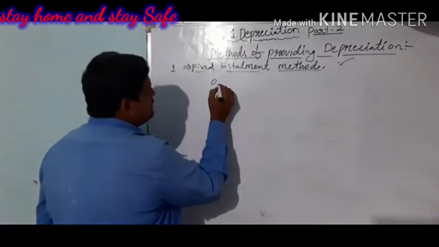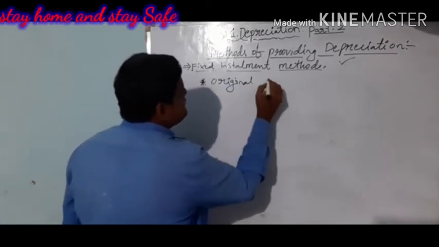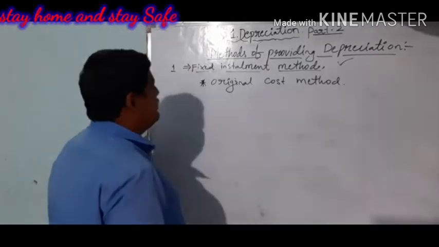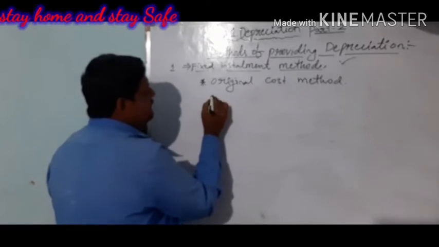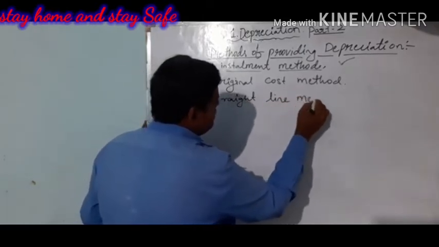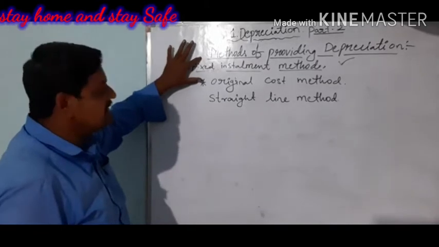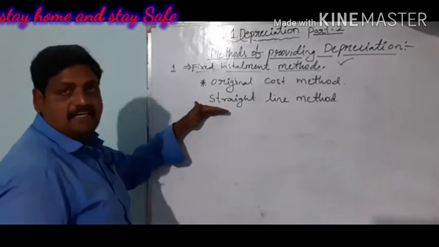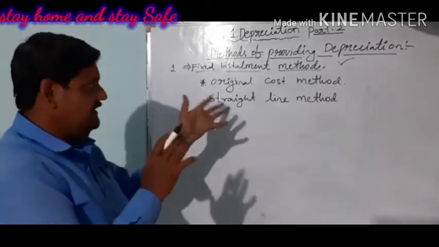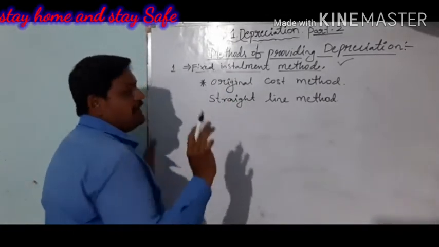Fixed installment method, original cost method, and straight line method are all the same.